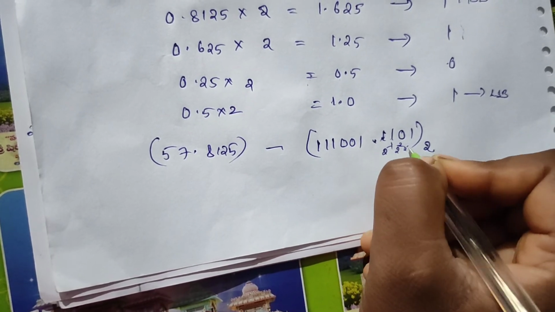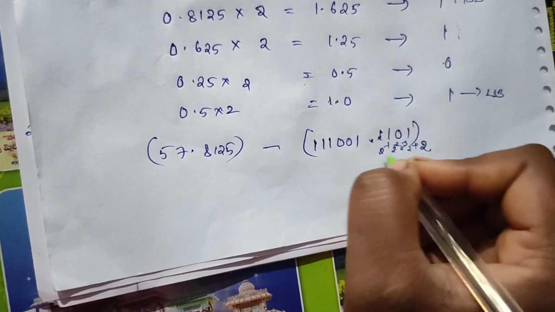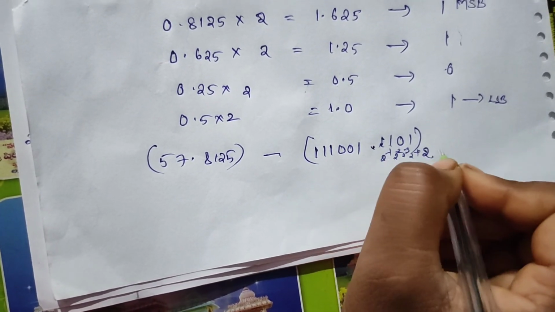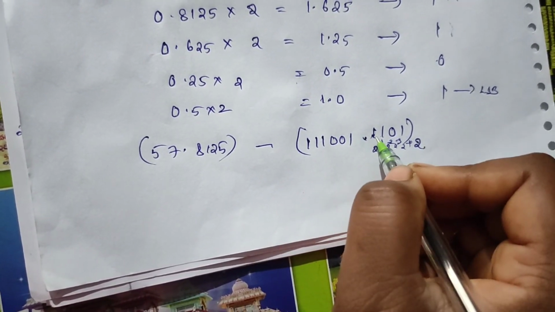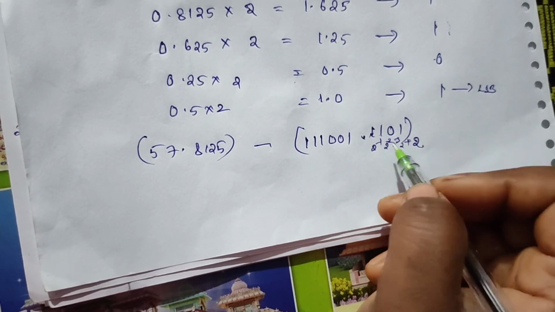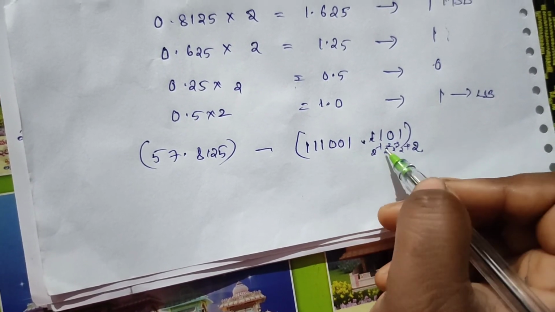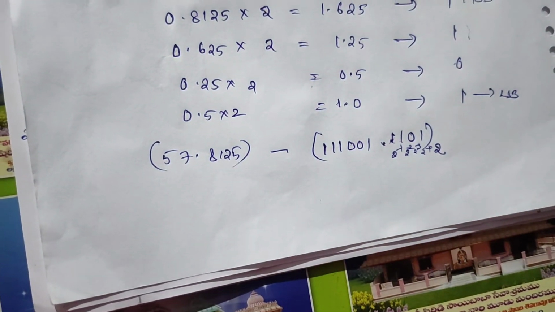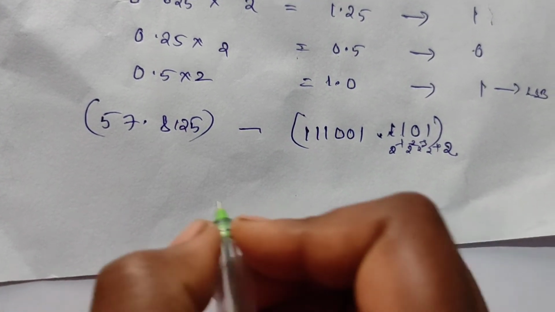For that you need to take powers of 2 with negative values and multiply with the corresponding bits, as you have done for the whole number. For the whole number you have taken the positive powers of 2. Here you need to take the negative powers of 2 starting from 1.